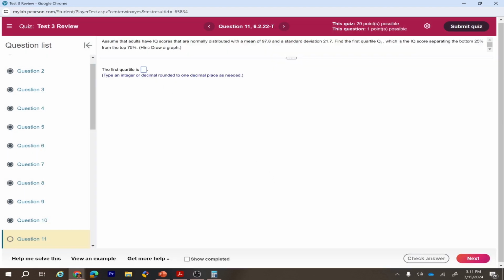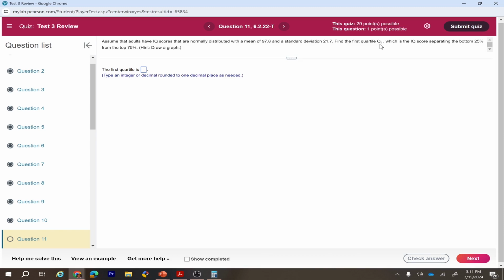Okay, assume that adults have IQ scores that are normally distributed with a mean of 97.8 and a standard deviation of 21.7. Find the first quartile Q1. Remember, the first quartile separates the 25% of the data on the left side.